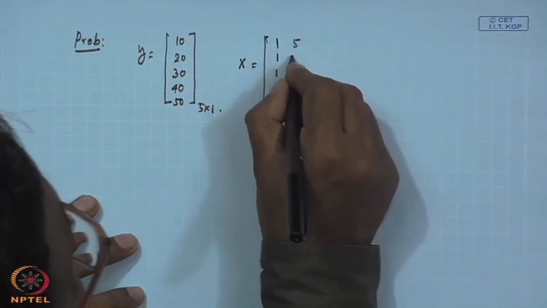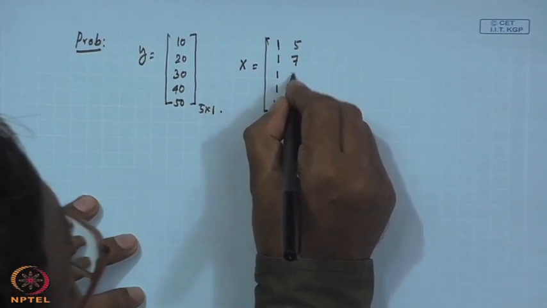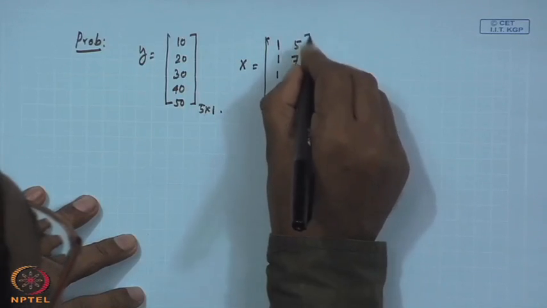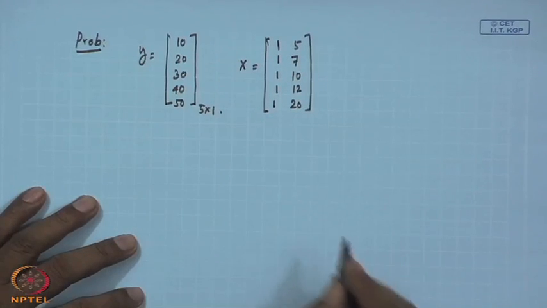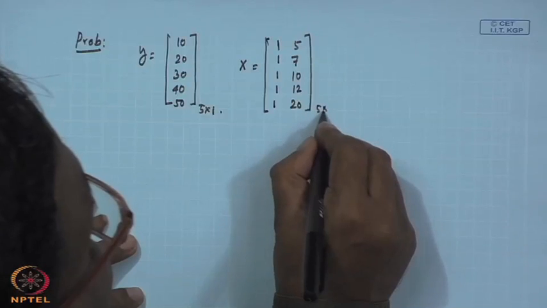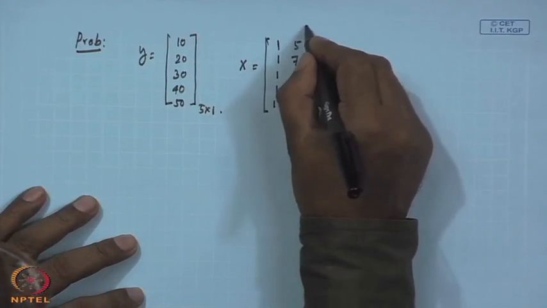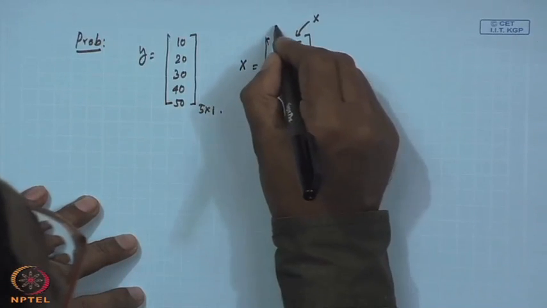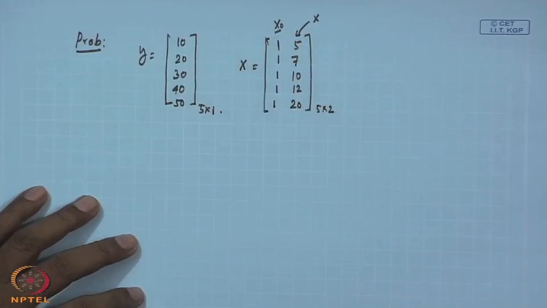Then let it be 5, 7, 10, 12, 20. We are taking it, it is basically 5 cross 2. So, that means only one independent variable we have taken, that is x, and this one is your x0, only one you have taken.